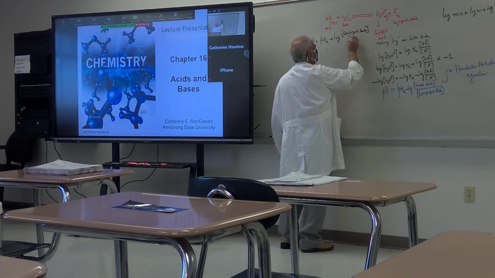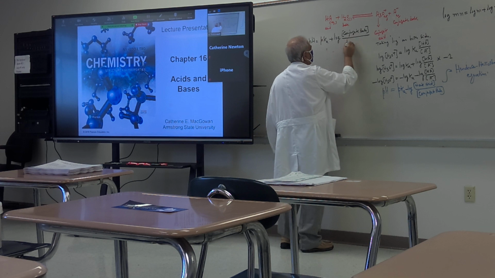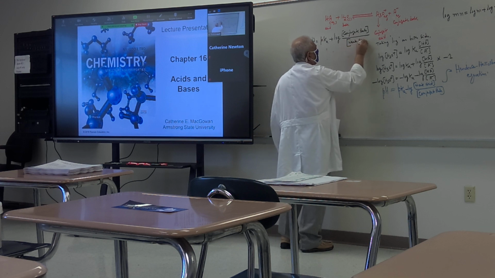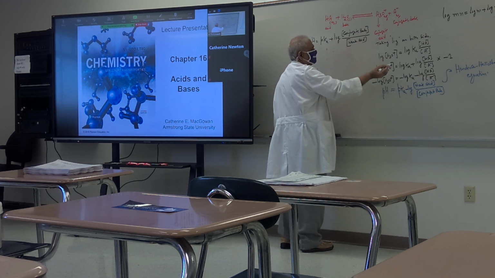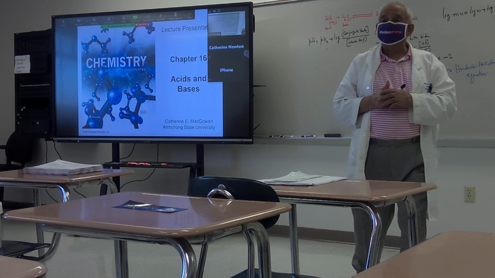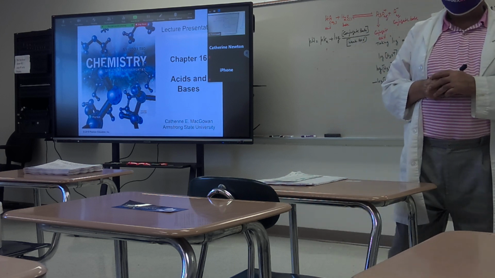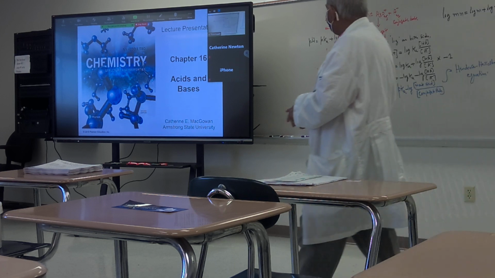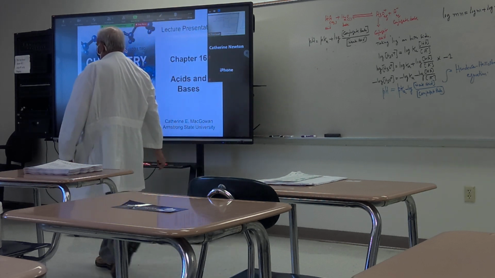Molar concentration of conjugate base over molar concentration of weak acid. That is also another form of the Henderson-Hasselbalch equation. So let us work out a problem on this. How easy is it?